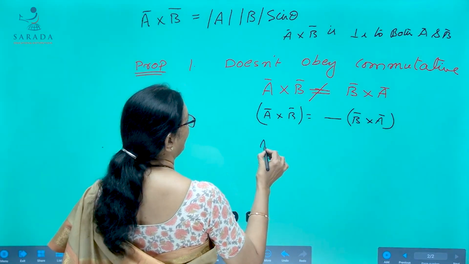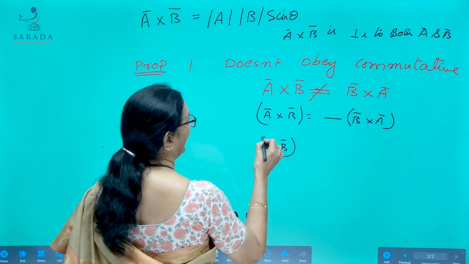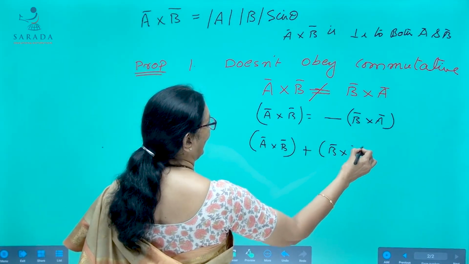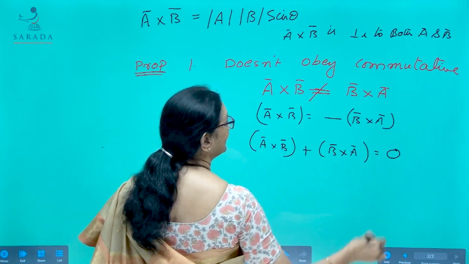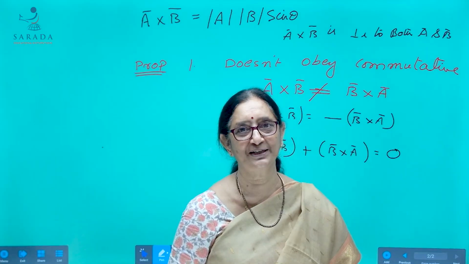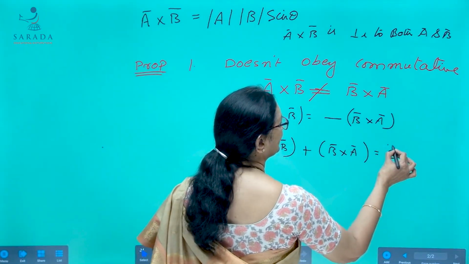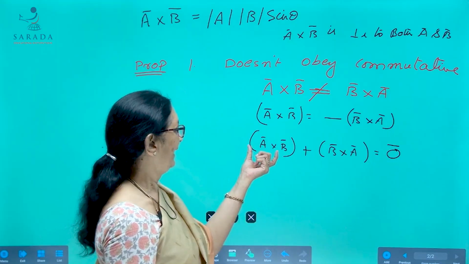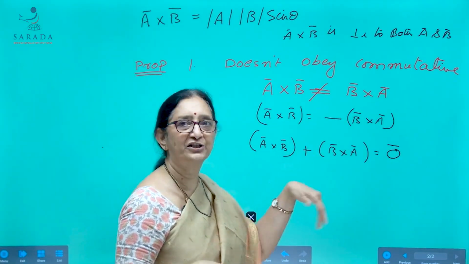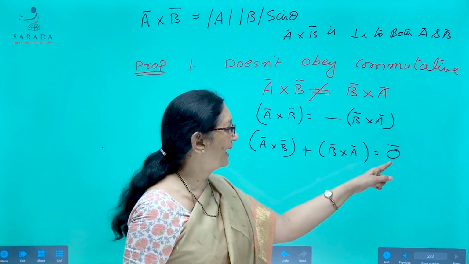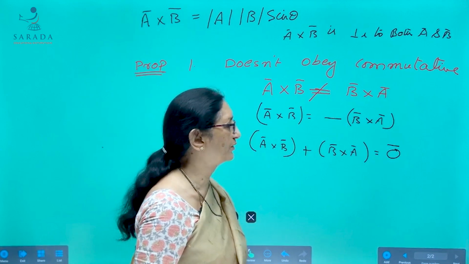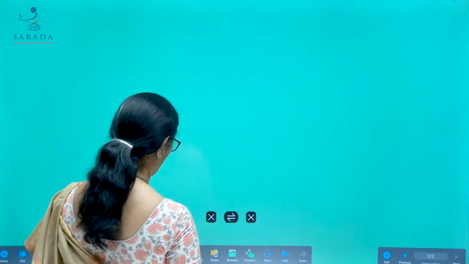So, from this, if you bring this to this side, A bar cross B bar plus B bar cross A bar is equal to 0 bar. A cross B gives a vector, B cross A gives a vector, and vector addition gives a vector, but its magnitude is 0 and direction is undefined. So A cross B plus B cross A is equal to 0 bar.